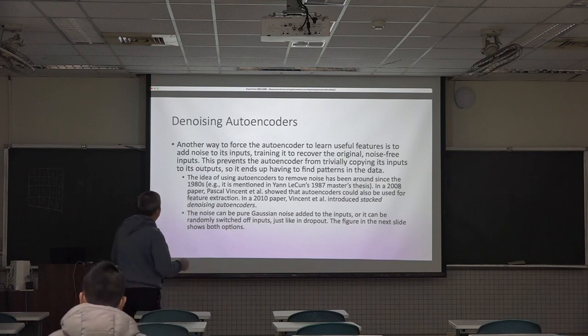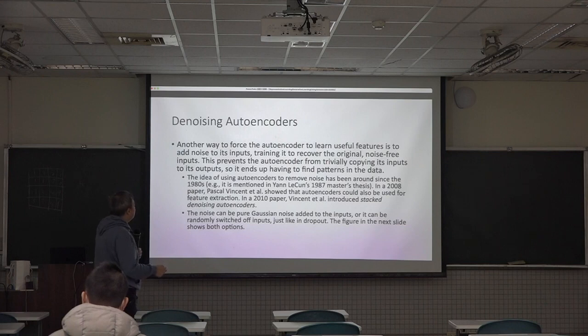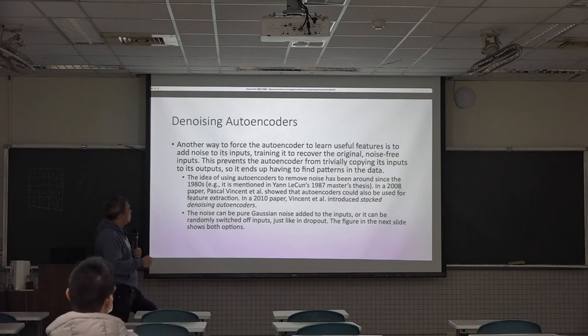This denoising autoencoder is like this. We force the autoencoder to learn useful features, so we intentionally add noise to its input, and we train it to recover the original noise-free input.